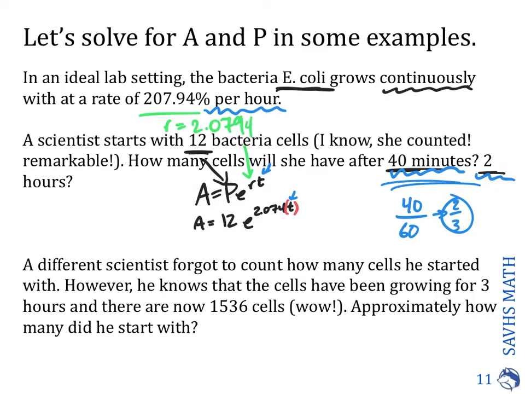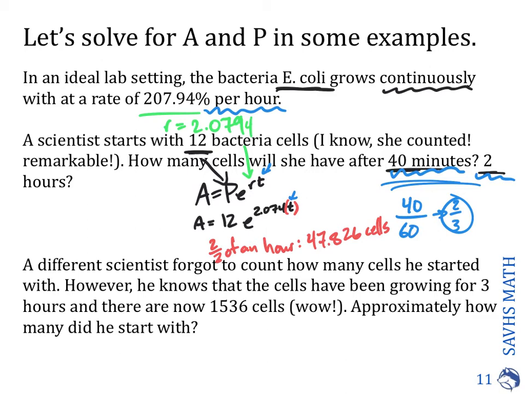And your answer here is 47.826 cells. It's hard to say what that decimal means, but we'll keep it for our purposes.